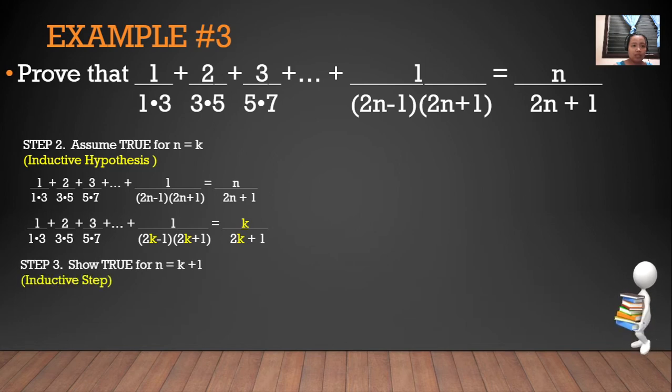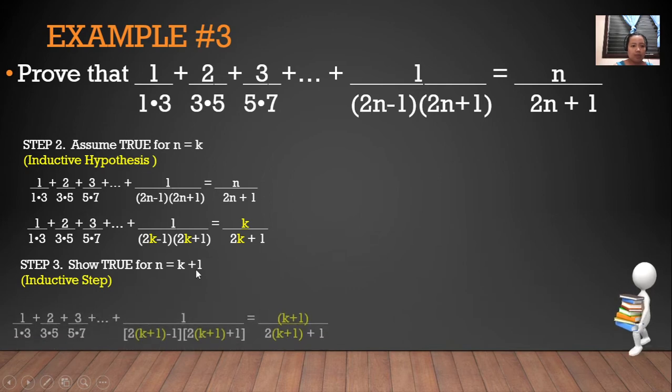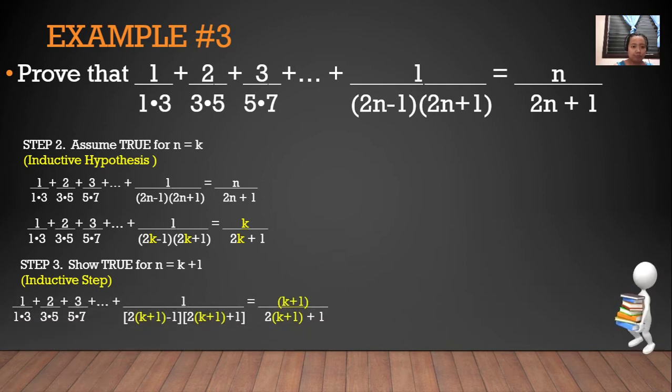So as you can see, we are going to use this step for the third step. Show true for n is equal to k plus 1. So all n should be equal to k plus 1. So let's change this k to k plus 1, k plus 1, k plus 1, and k plus 1.